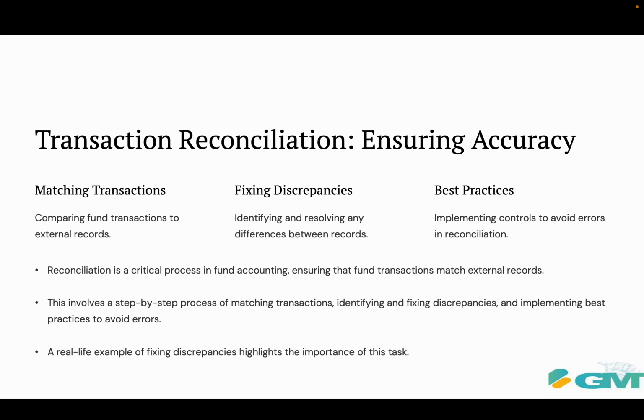We'll go one by one. Matching the transaction: if the broker and your application show the same quantity, same price, and same market value, then you can match it off and clear it in your reconciliation.